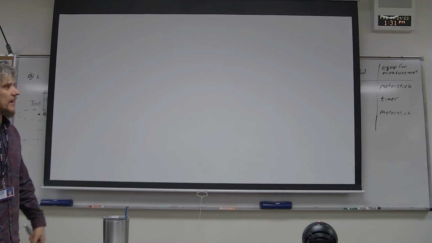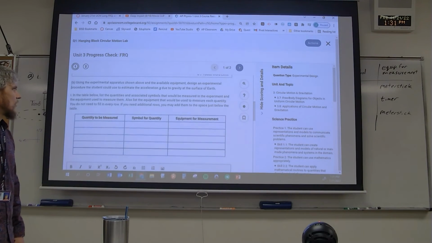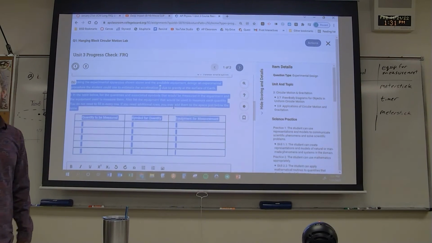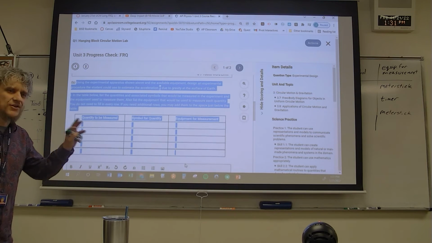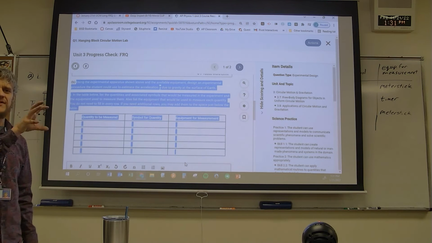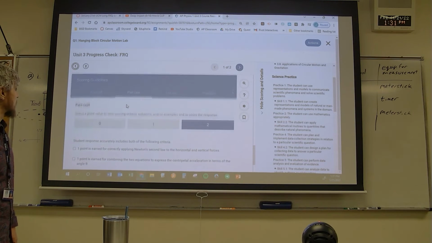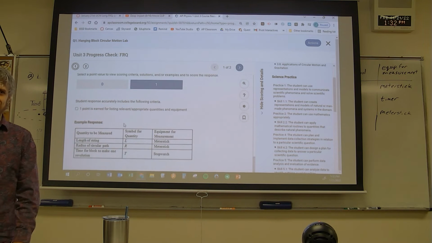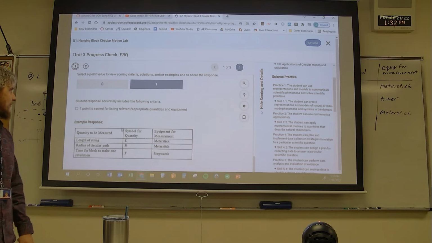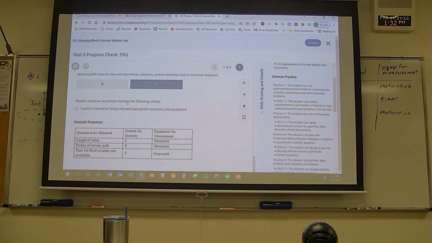If you look at the scoring guidelines, just those three things, right? All we had to do was look at the equation and figure out a way to determine everything else but the experimental thing we're looking for, which is little g. 1 point is earned for listing relevant, appropriate quantities and equipment.